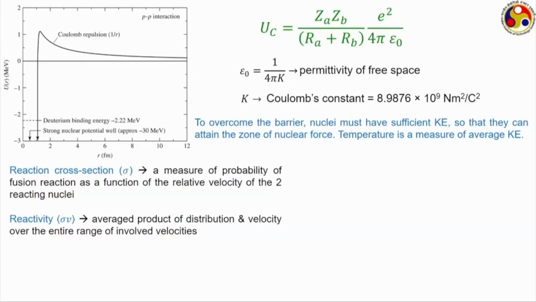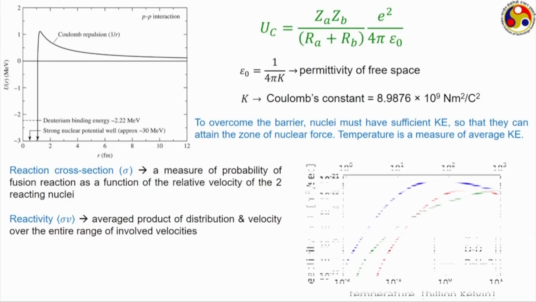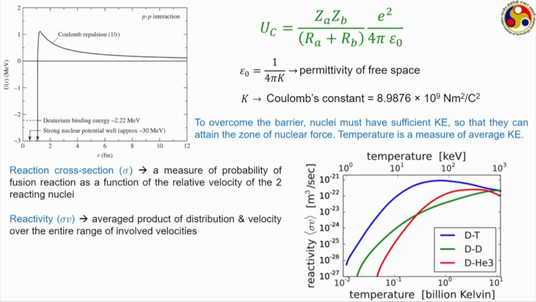So, we often need to integrate over the entire range of velocities, and that is why we use this reactivity. It is the average product of distribution and velocity over the entire range of involved velocities. And if we plot that with temperature or with energy, we get a distribution like this. As the temperature keeps on increasing, reactivity keeps on increasing till it reaches some kind of maxima.